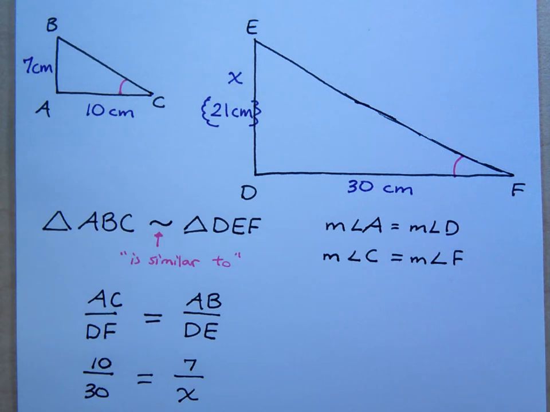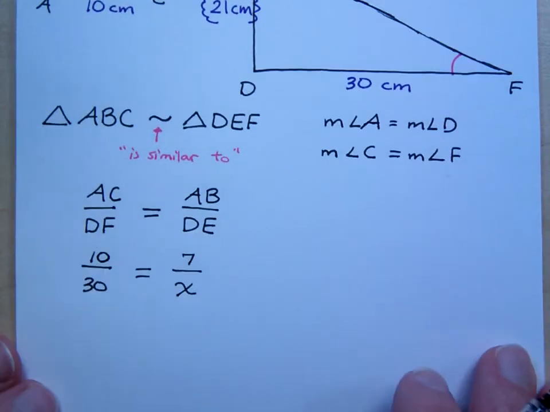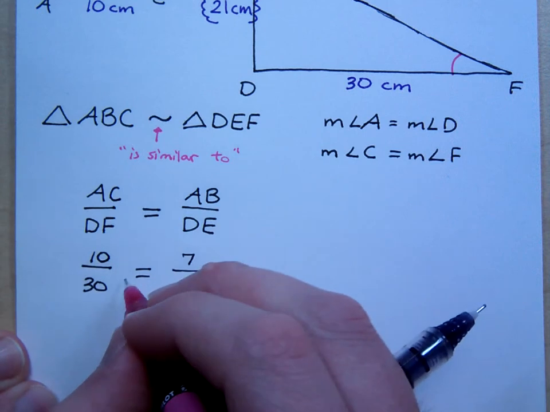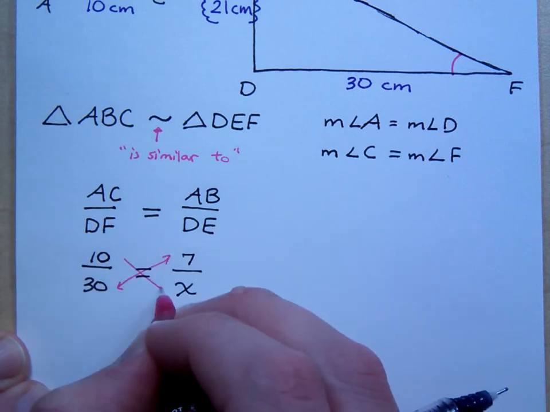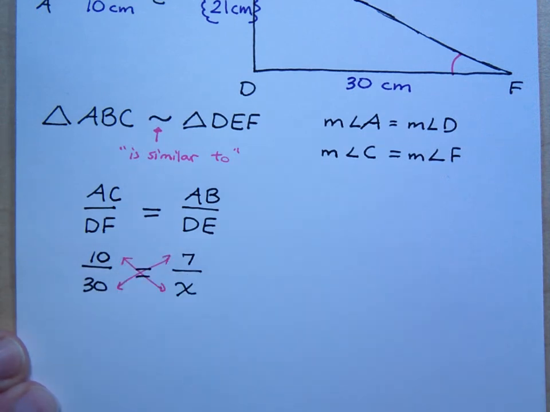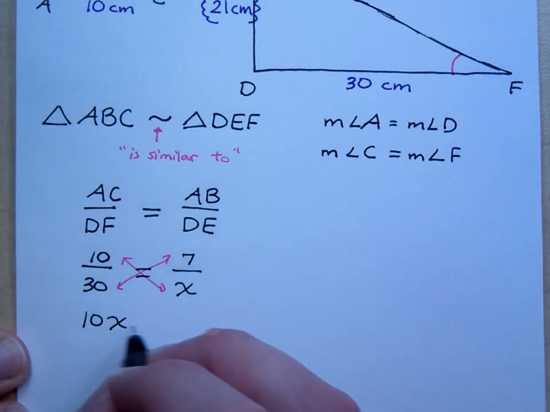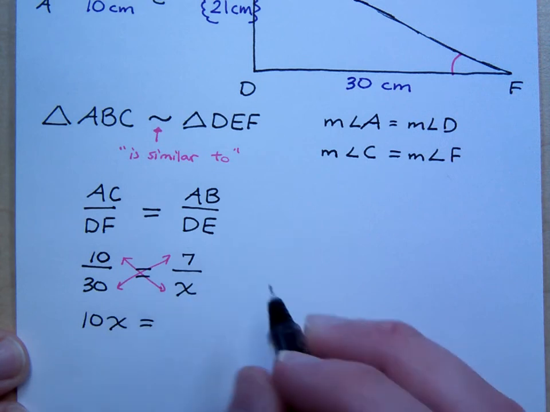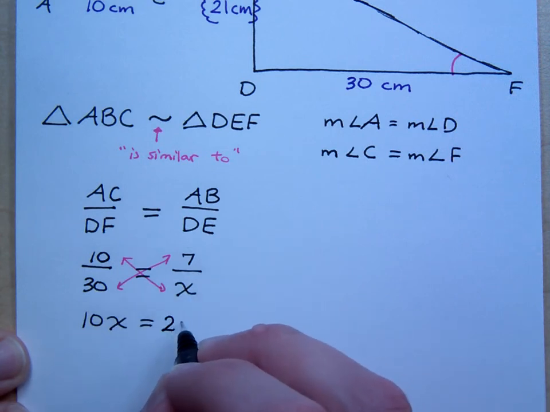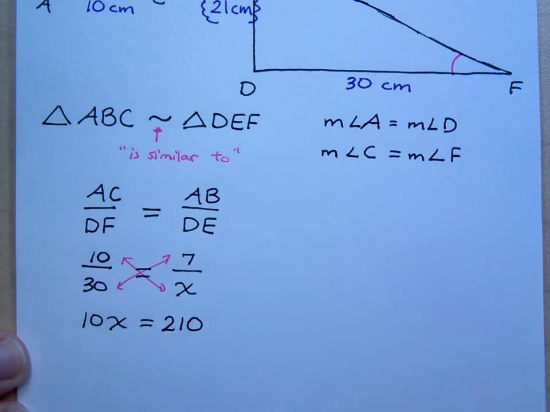You were just solving them on your last quiz. You know that in a proportion, the cross products are equal, right? So that means if you were to solve this, you would have 10x is equal to 30 times 7, which is 210. Divide by the coefficient of x, which is 10, and you find out that x equals 21.